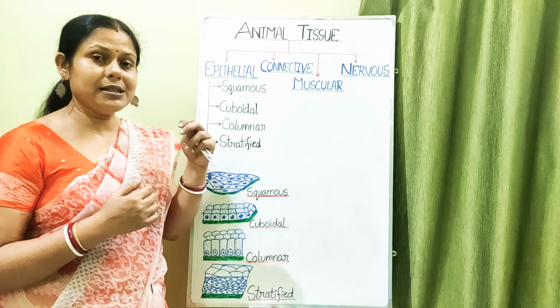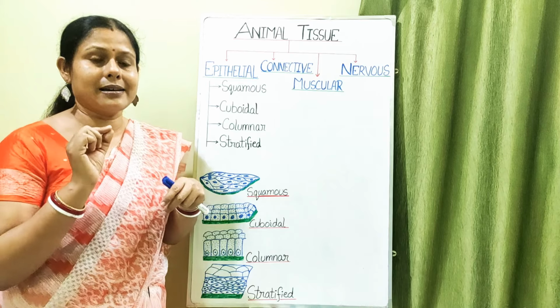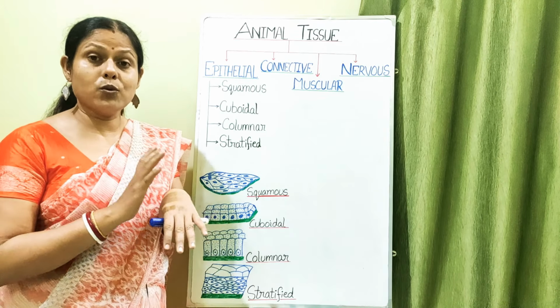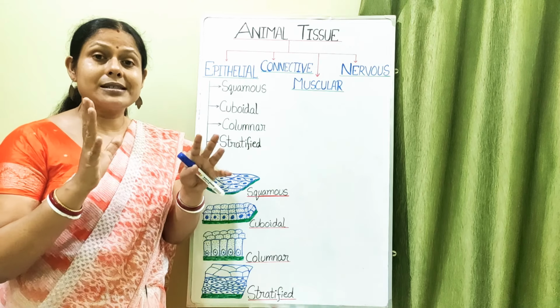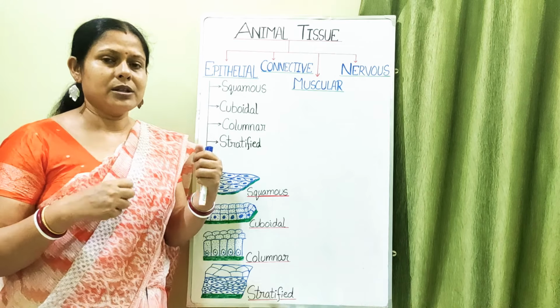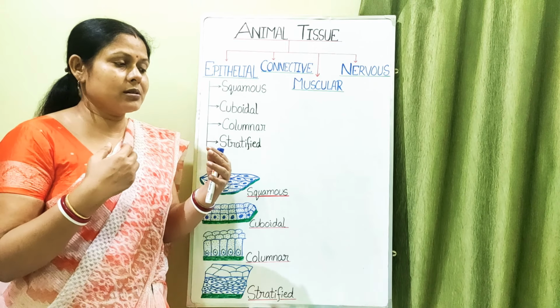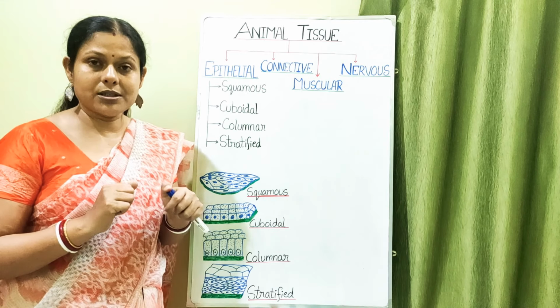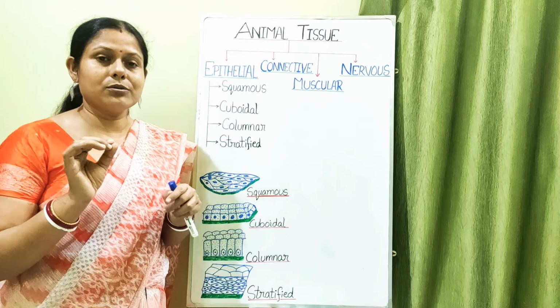Now if these epithelial tissues were single layered in our skin, then what would happen? It would not be able to withstand the wear and tear which the body faces every day. If for some reason you fall down, there will be bruises in your skin, that means some kind of injuries.